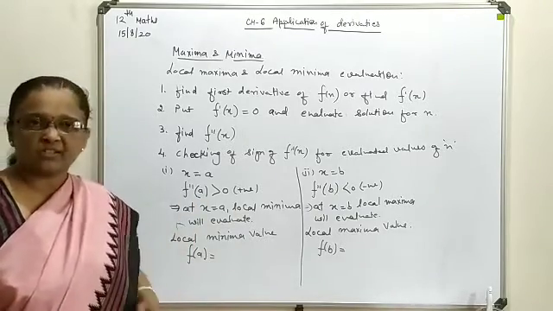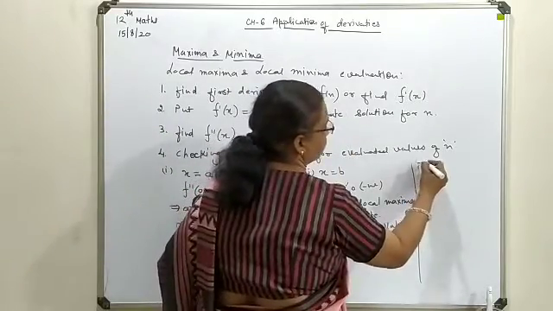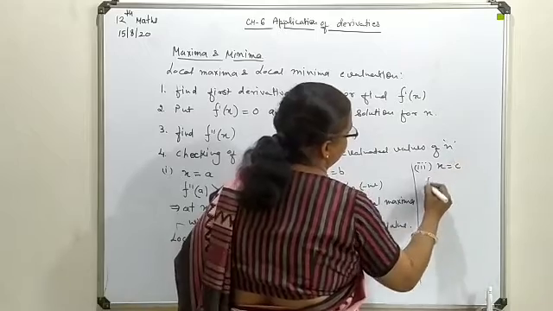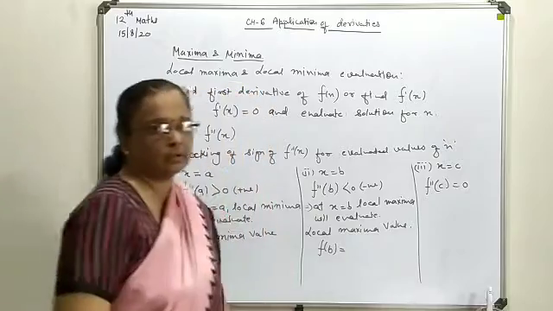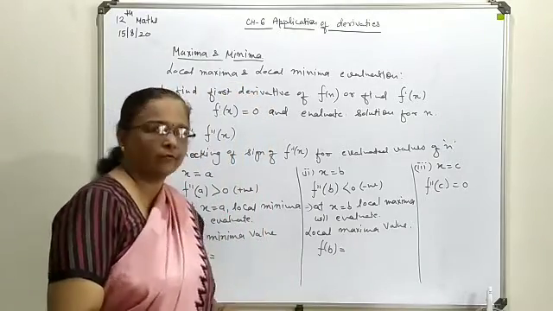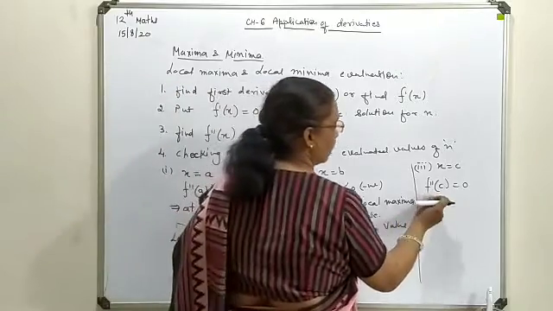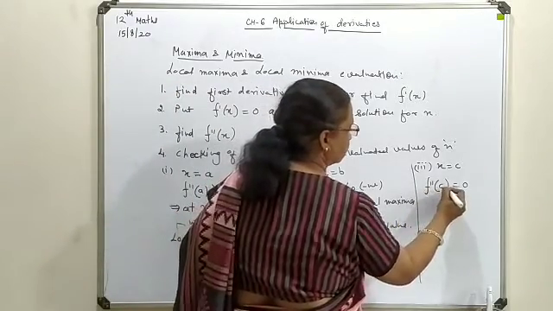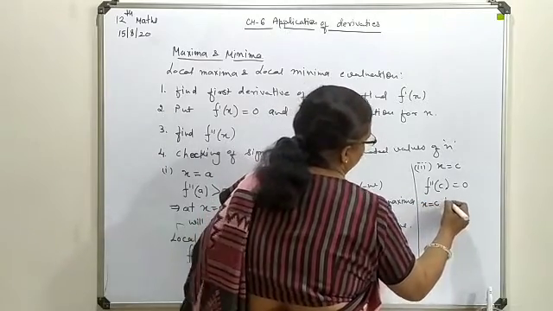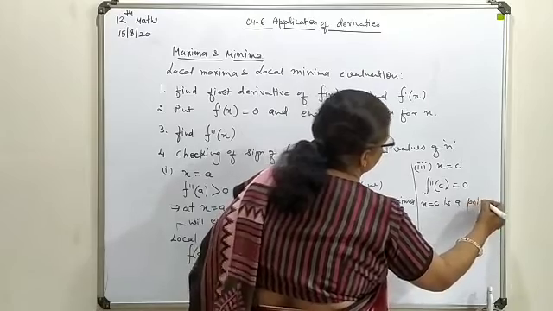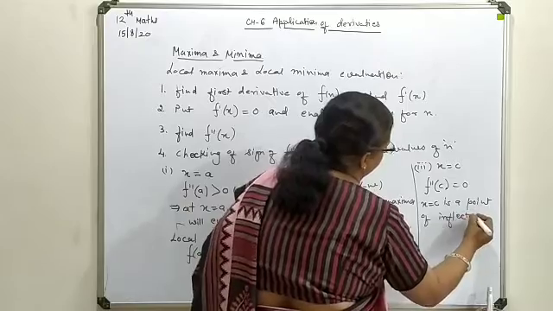So the third case may arise. Suppose you have x is equal to c, and at that time the second derivative you are getting is 0. At that time we will say that x is equal to c is a point of inflection.